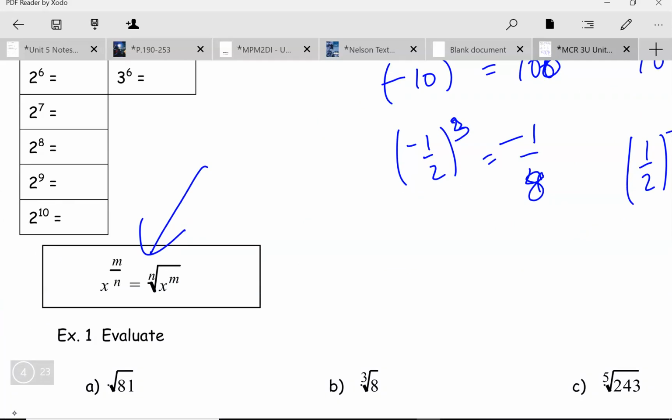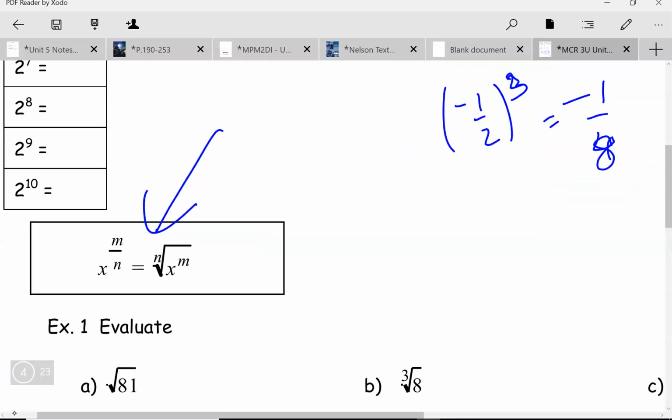In the same way, we're going to have to learn what to do when we have a fraction in the exponent. Up till now, we've only dealt with integer exponents, but now we're going to start talking about fractional exponents. And the good news is we've already seen these before. You know what this sign is. This is a square root sign.